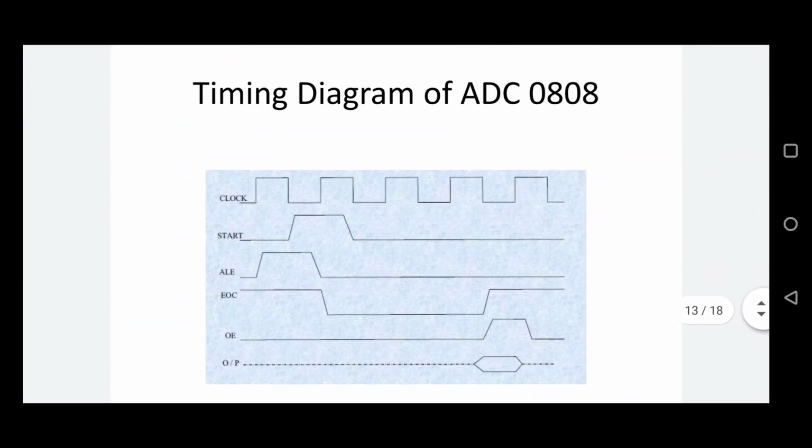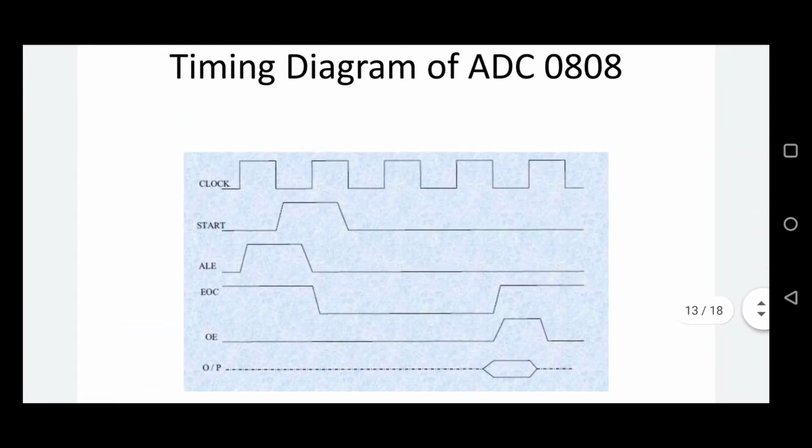Next we are going to see the timing diagram of ADC 0808. First, the clock signals are there. First the microprocessor will send a start of conversion to the ADC. The addresses are valid during the T1 clock cycle, the first clock cycle. After the ALE is completed, the EOC is enabled.